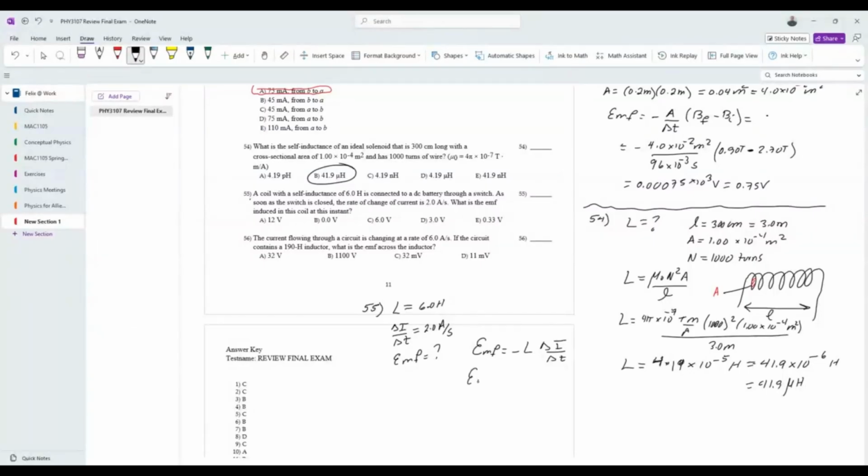So this electromotive force would be minus, what is L? 6 henries. What is delta I over delta T? 2 amperes per second. So this electromotive force would be minus 12.0 volts. And then exercise number 56 is very similar. It's basically the same.